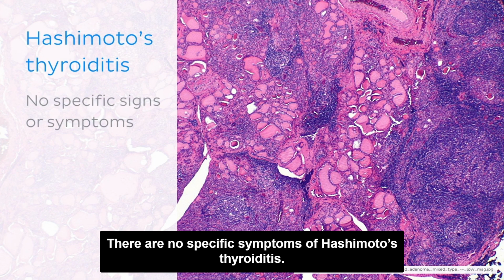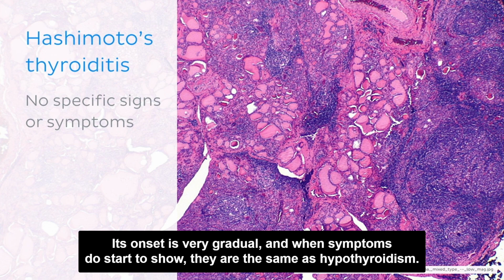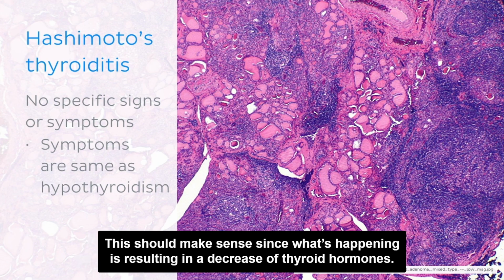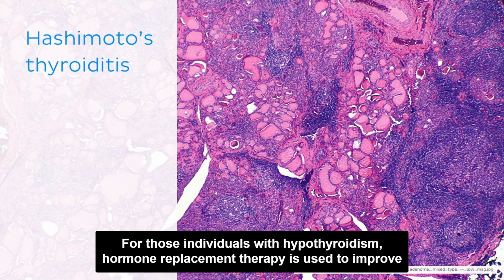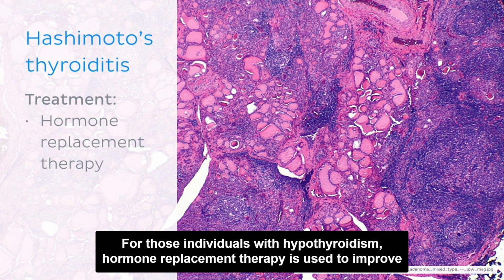There are no specific symptoms of Hashimoto's thyroiditis. Its onset is very gradual, and when symptoms do start to show, they are the same as hypothyroidism. This should make sense since what's happening is resulting in a decrease of thyroid hormones. For those individuals with hypothyroidism, hormone replacement therapy is used to improve symptoms.